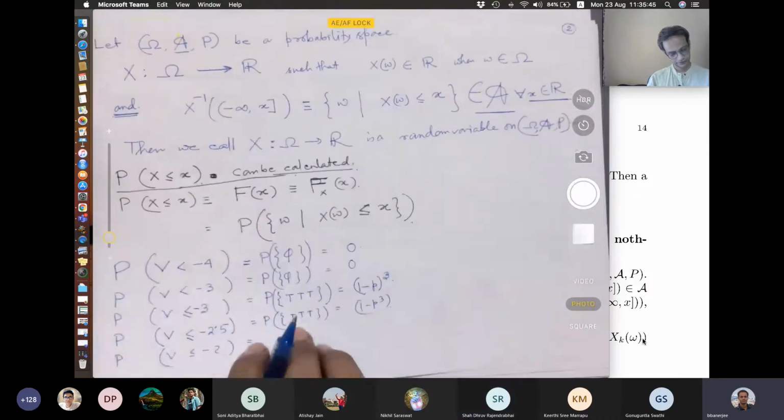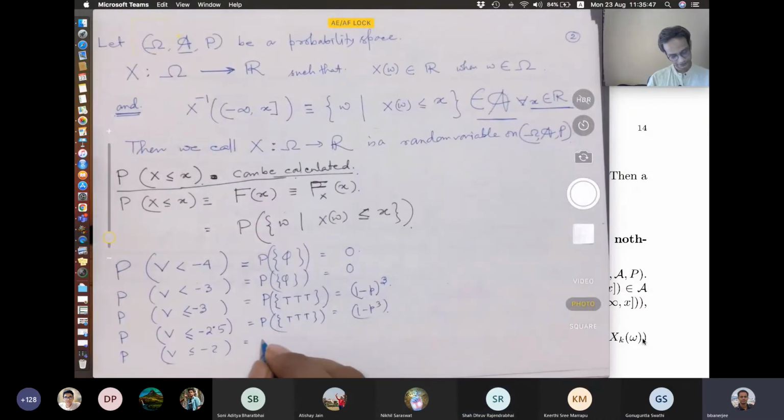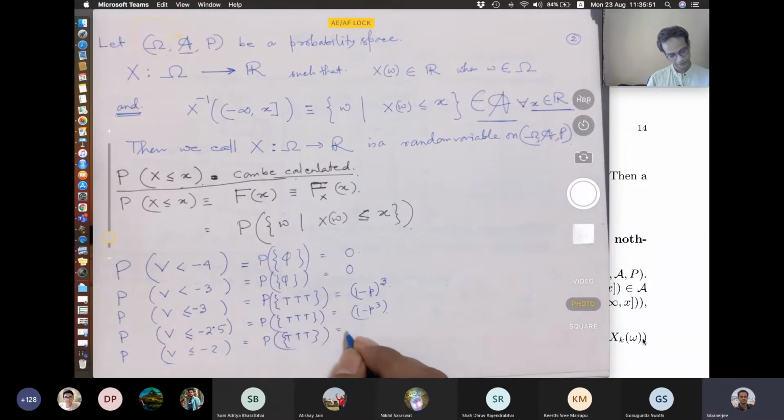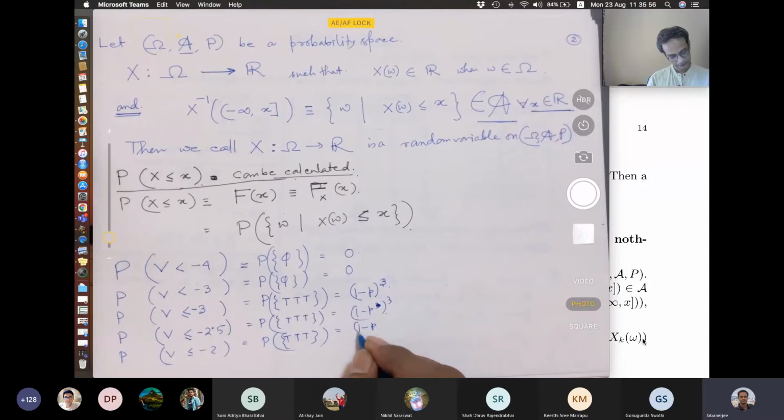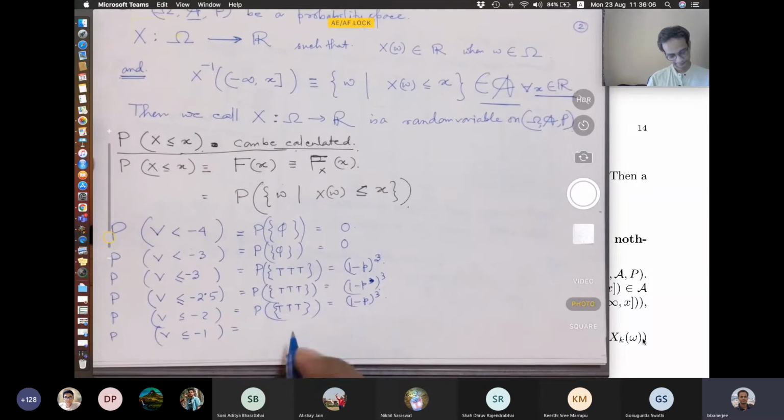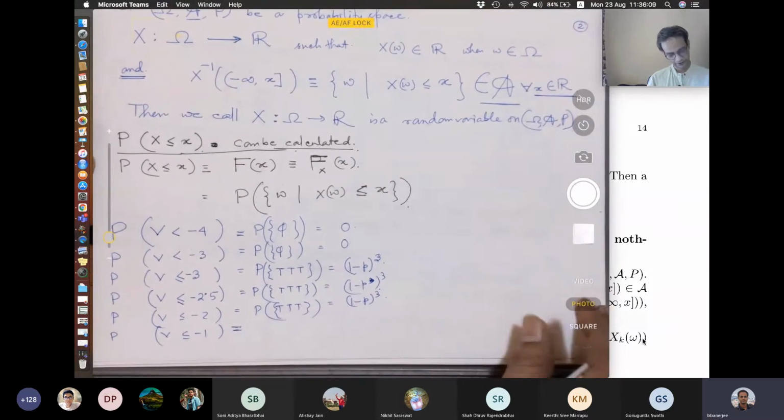So this is the same thing. Now V less than or equal to minus 1. I am not repeating, I think you have got the idea. What will be this one?